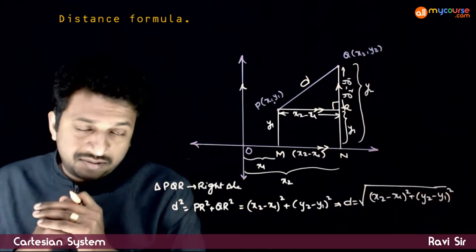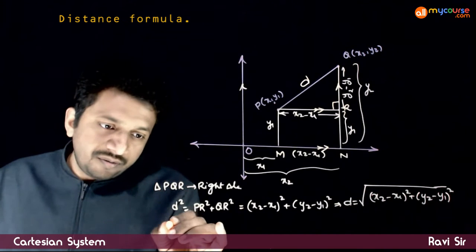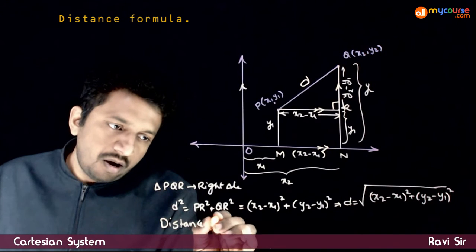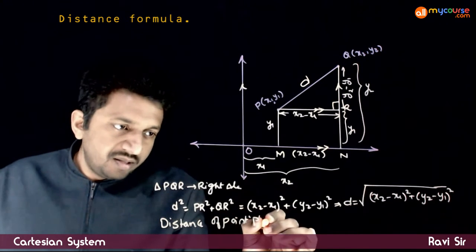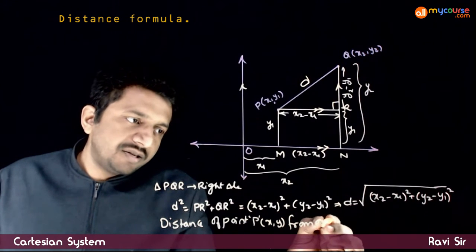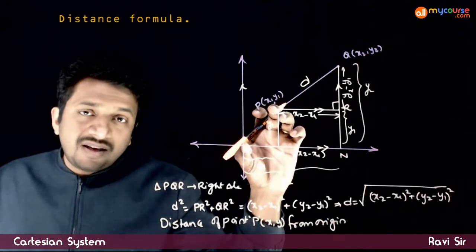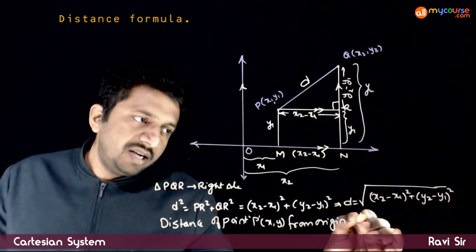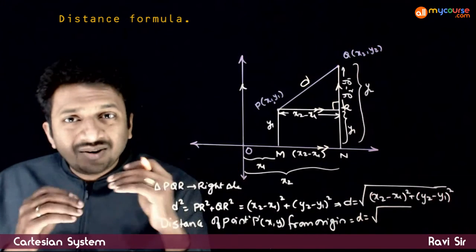And in a special case, if one of the points becomes origin, so if the distance of point P (x, y) from origin is the special case, instead of the second point, you want the distance of P from origin, d is equal to root of, obviously we know that the coordinates of origin are 0, 0.